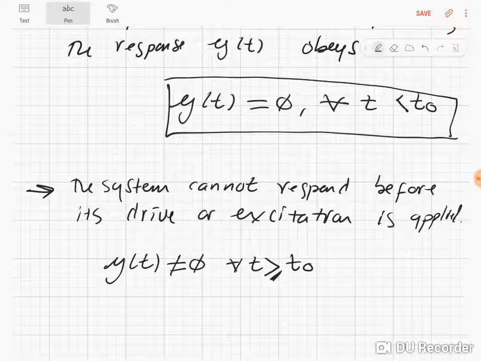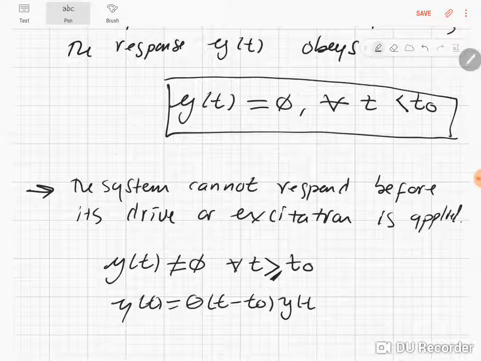So what this relation implies mathematically, I can write by saying that y of t is equal to theta, which is the Heaviside function, of t minus t0 times y of t. That means that this y of t will be 0 for all times less than t0, okay?